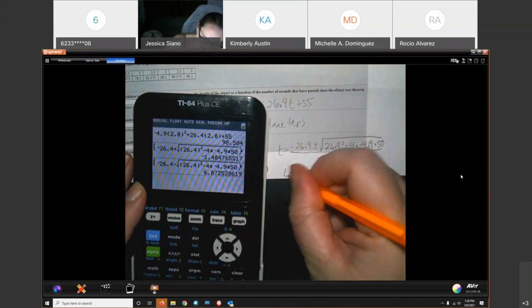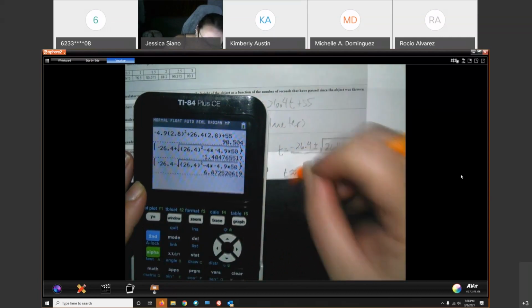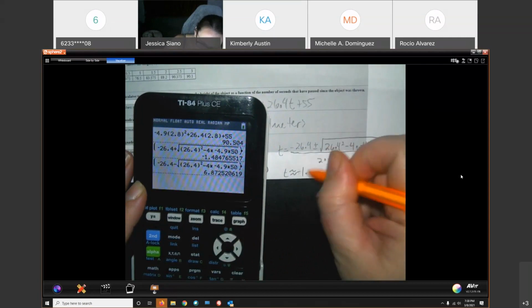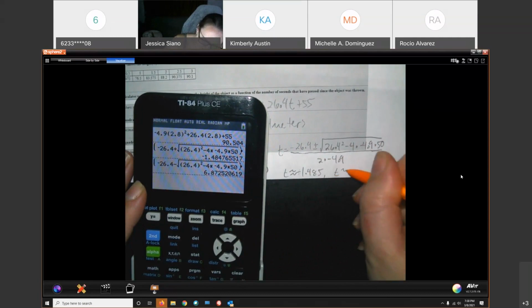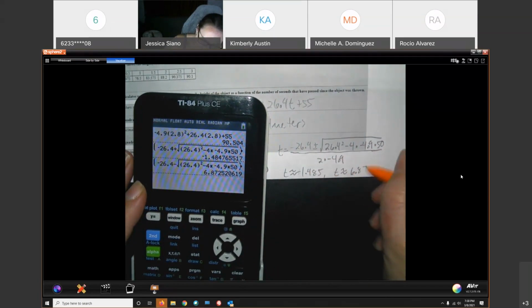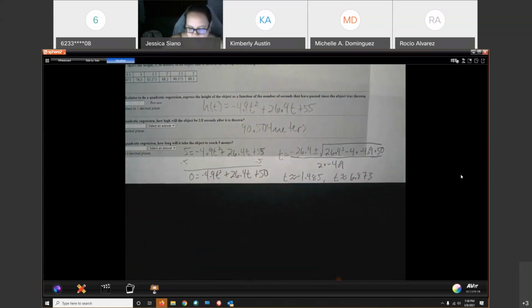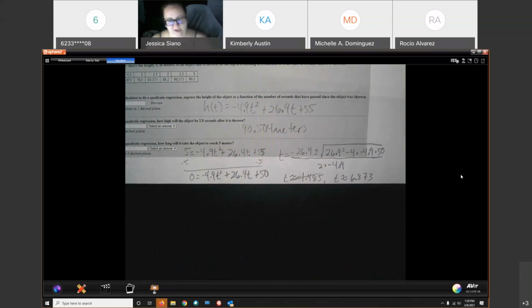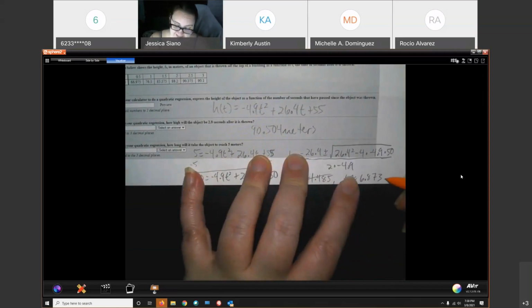And so I have negative 1.485 or 6.873. And now, just like before, since I'm measuring time here, my answer can't be negative. So my last box here would be 6.873 seconds.